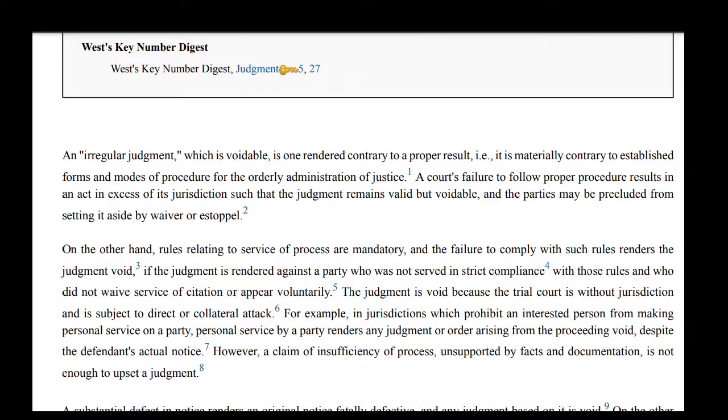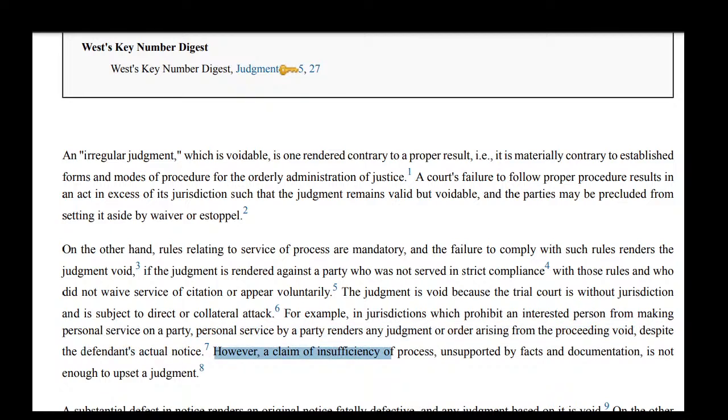The judgment is void because the trial court is without jurisdiction and is subject to direct or collateral attack. For example, in jurisdictions which prohibit an interested person from making personal service on a party, personal service by a party renders any judgment or order arising from the proceeding void, despite the defendant's actual notice.